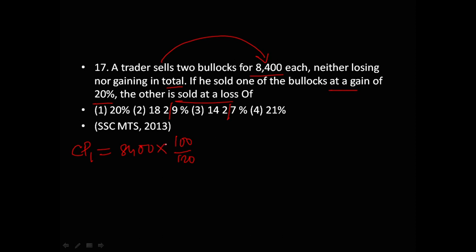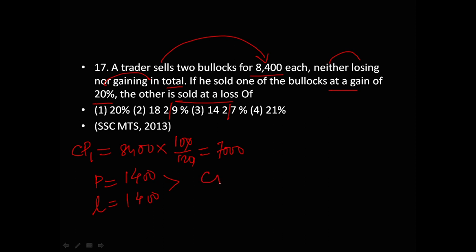So 8400 into 100 by 120 equals 7000, right? So the profit is 1400, that is 8400 minus 7000. In the next case the loss is also 1400, because neither losing nor gaining in total, so profit and loss will be equal.